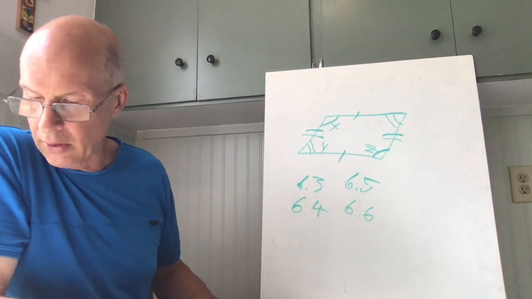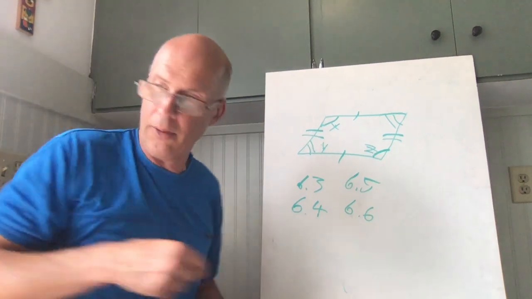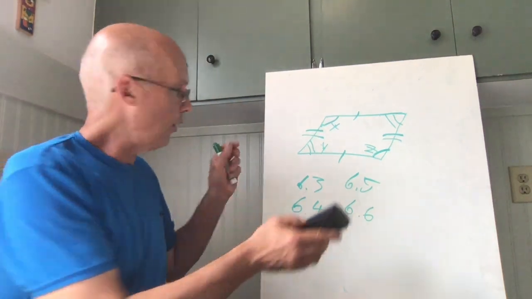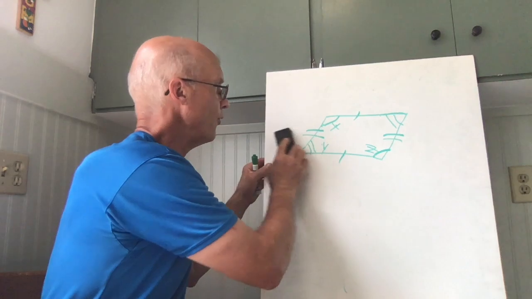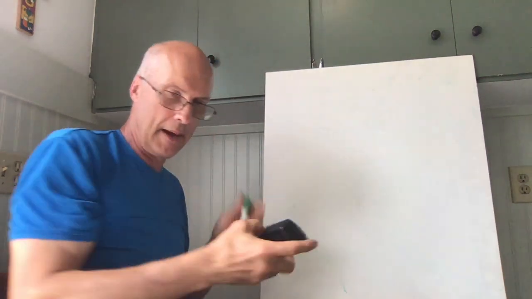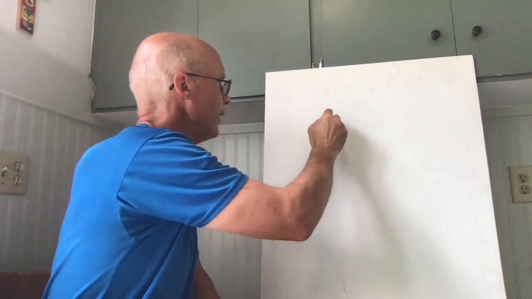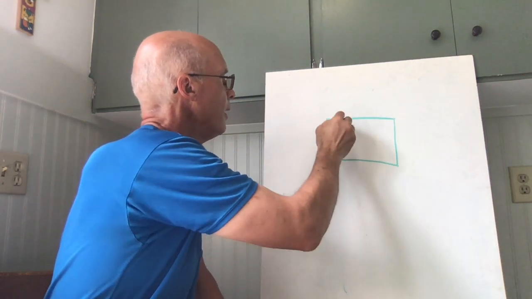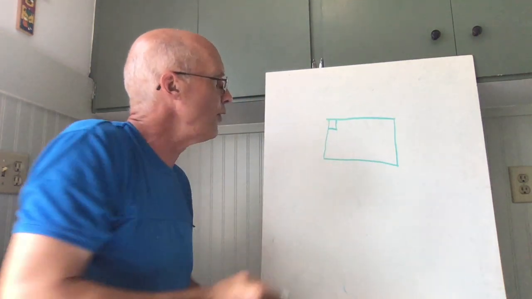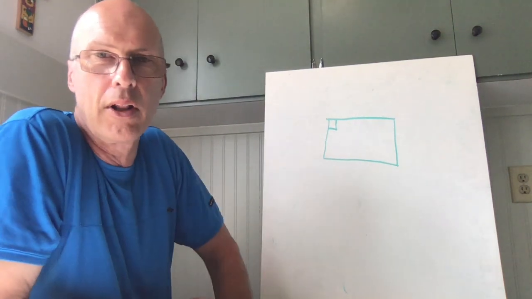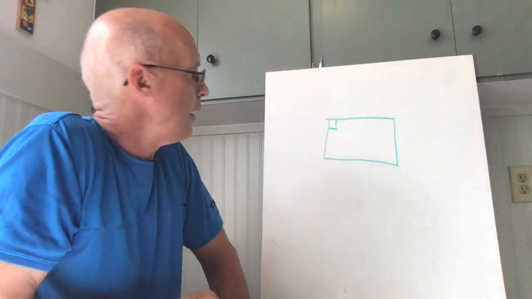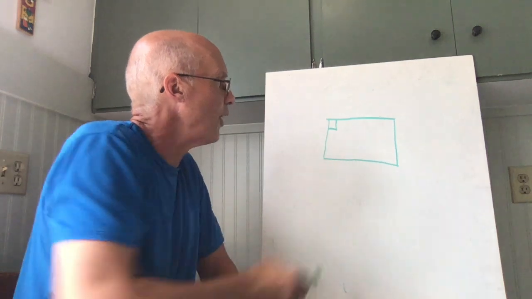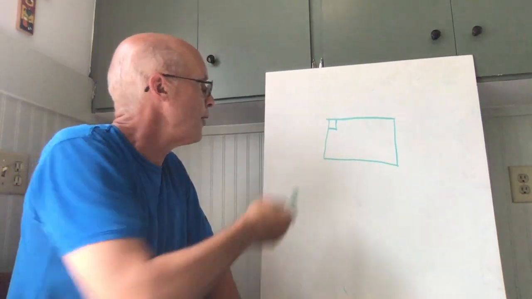It says if a parallelogram has one right angle, then all 4 angles are going to be right angles. So let me try to draw that. If you know one of these is a right angle in a parallelogram, it's impossible to have these other ones not be. Think about it.